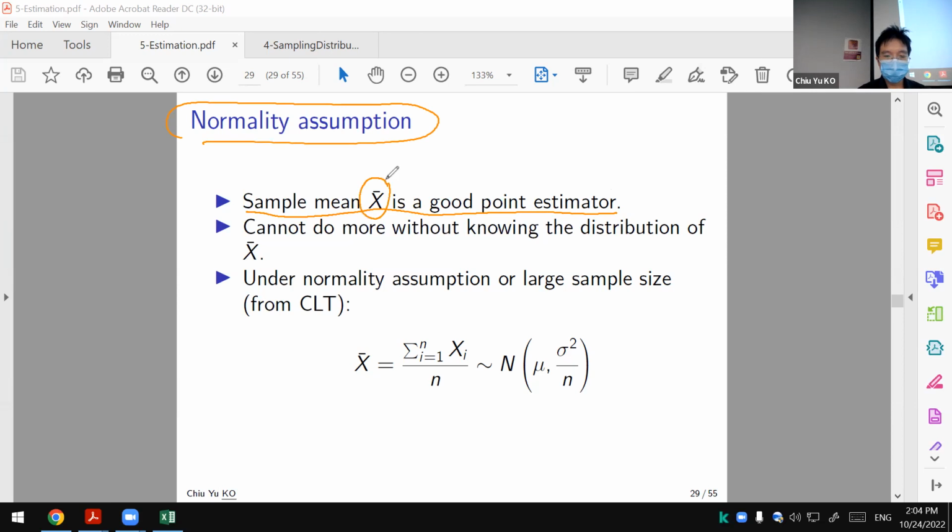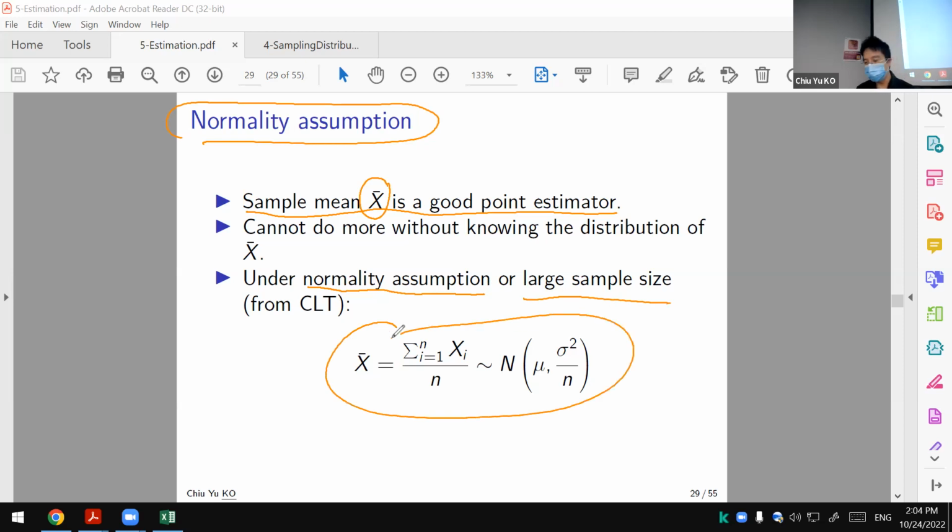We know two things about what X bar, the sample mean, looks like: either X is normal, the population is normal, or we have a large sample. Either central limit theorem or normality, okay? Then we would have this. Is that clear? That we just learned in the previous topic.